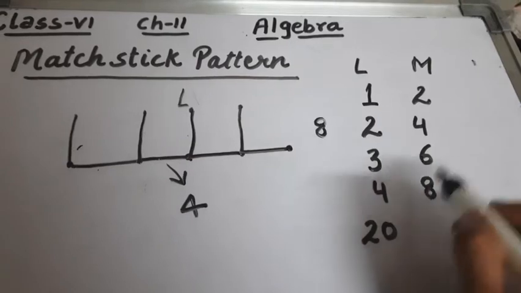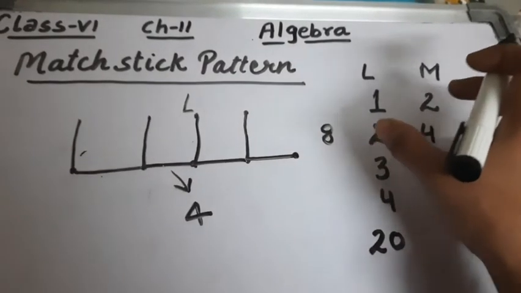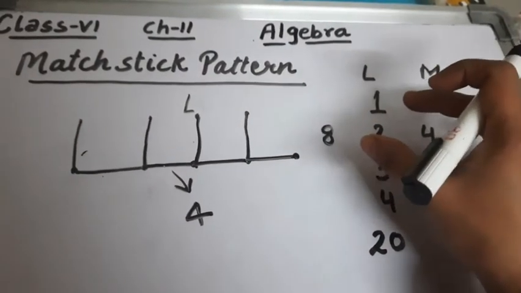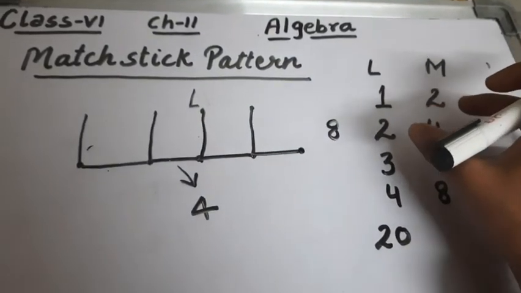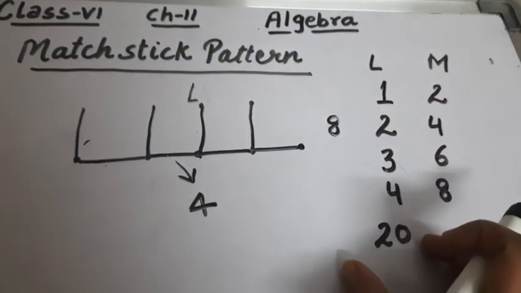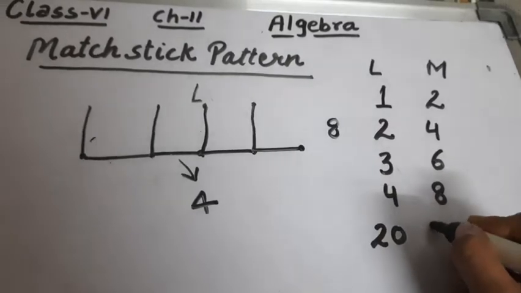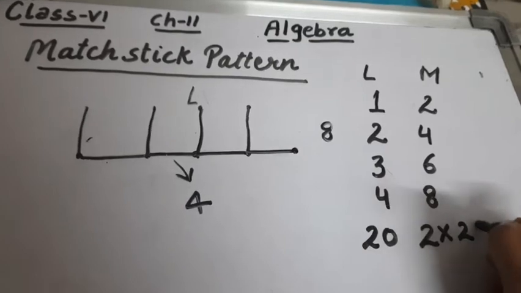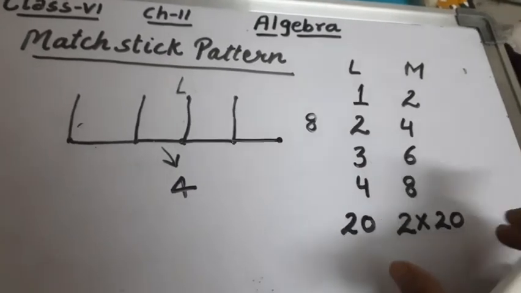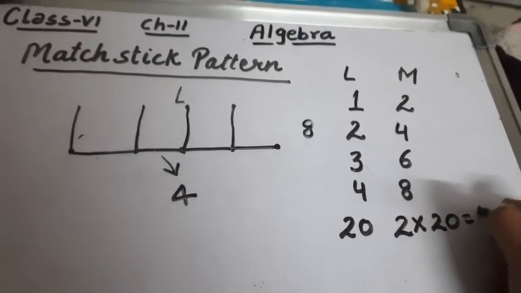If 4, then 8. That means we are multiplying the number of L's by 2 to get the number of matchsticks required. So if 20 L's are there, I'll multiply 20 by 2. So this will be 40.